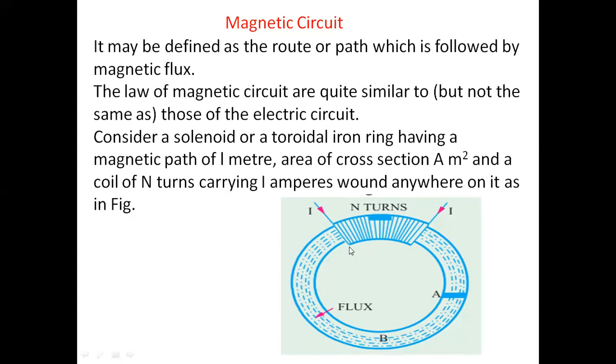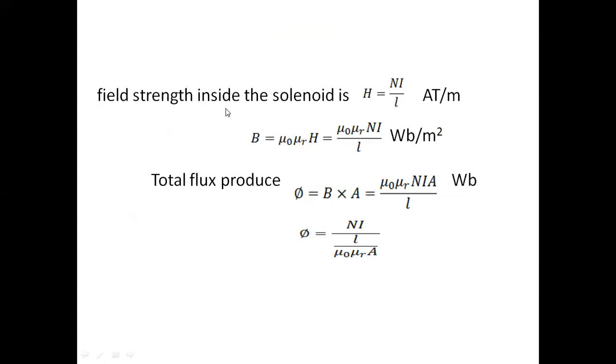Then the field strength which is generated in this ring or solenoid is H is equals to Ni by L. Where N is the number of turns, I is the current flowing through this coil, and L is the length of the field generated through this ring.